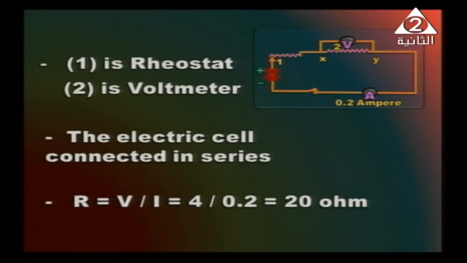The potential difference equals 4 because the electric cells are connected in series, so 4 is the summation of the electromotive force of the two electric cells. Divided by 0.2, which is written on the ammeter, equals 20 ohm.